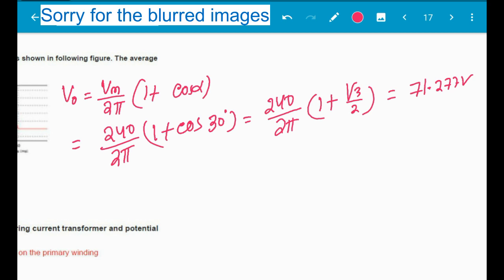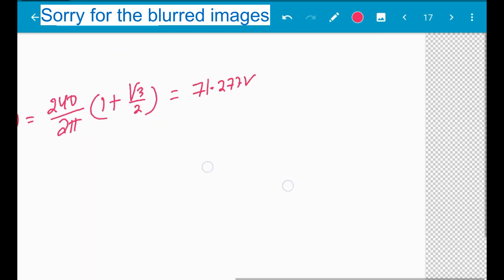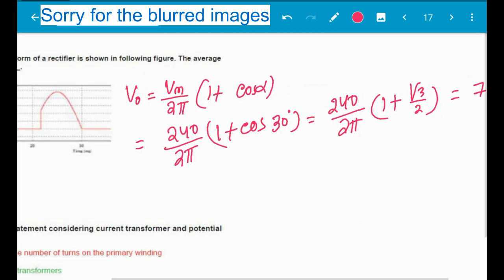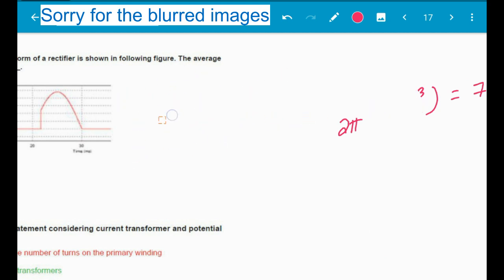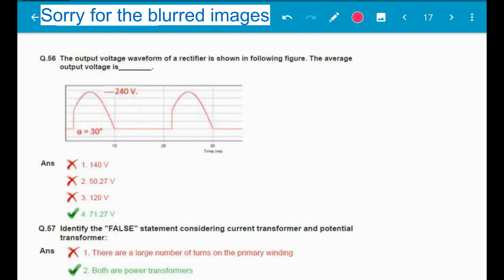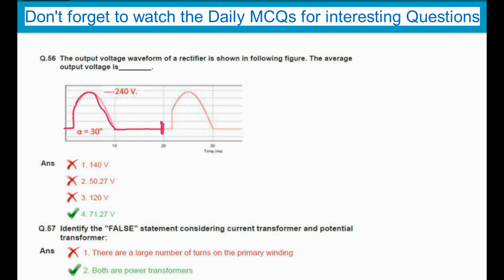If you don't know the formula, apply your common sense and find out the average voltage. So what will be the average value? The wave is like this, so up to this is 1 cycle, up to 2 pi.